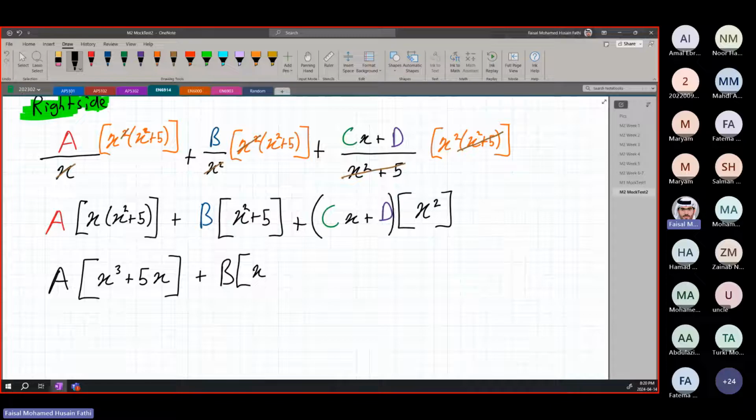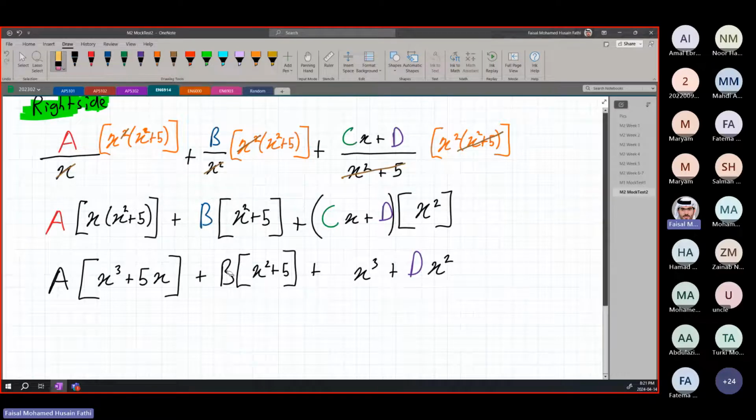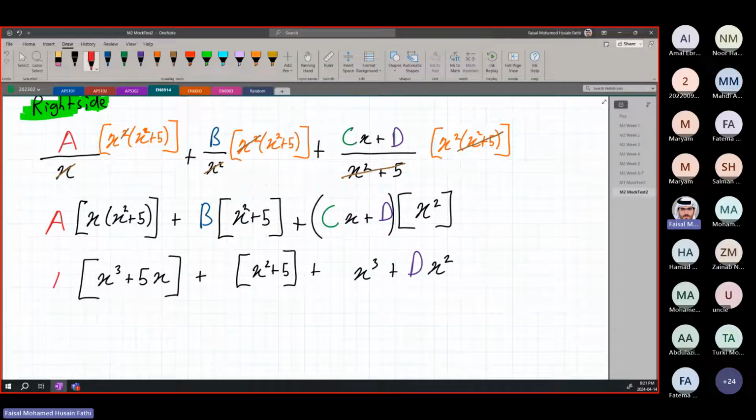Remember, this is all of this; it is already distributed, so we keep it the same. Plus Cx plus D. Let's distribute the Cx plus D at once, so it becomes Cx cubed, plus Dx squared. Let me put back the colors now. So we have A, we have B, and we have C.